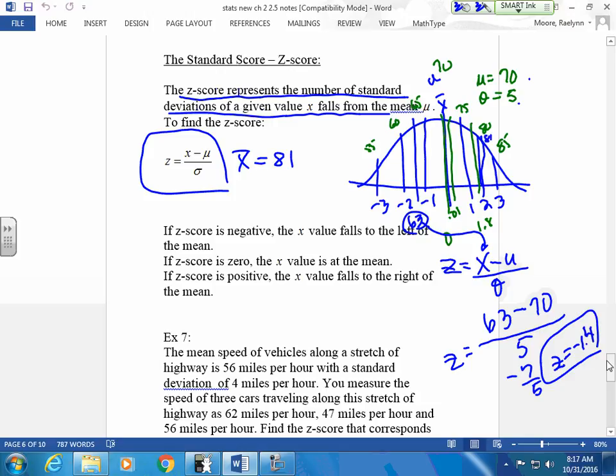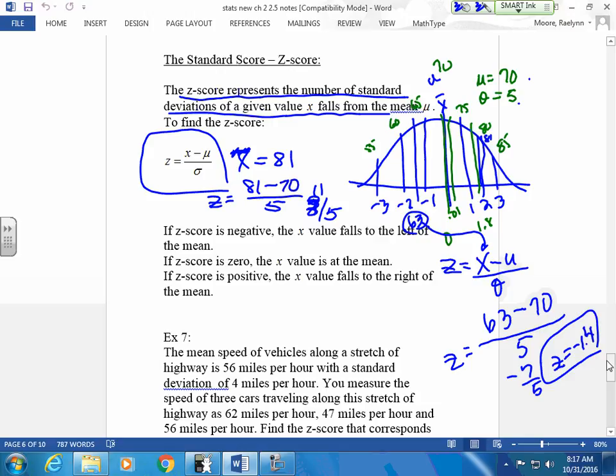So I say, take my x value, subtract my mean, and divide by my standard deviation. So I get 81 minus 70. This gives me 9 over 5. Whoops. Sorry, 11. A little off today.